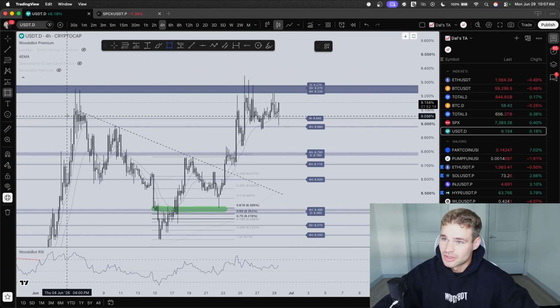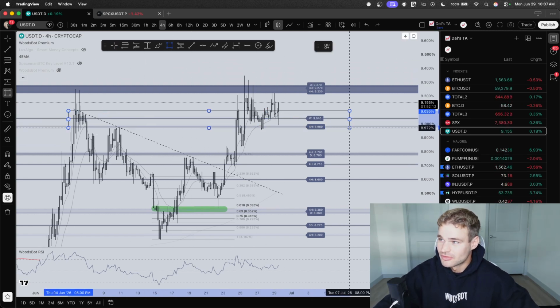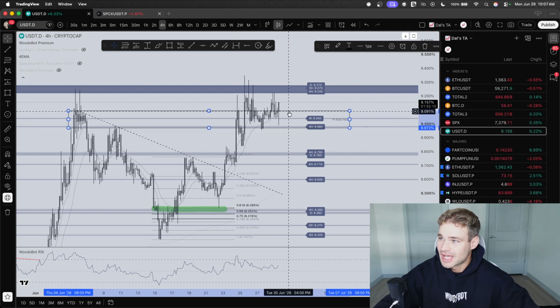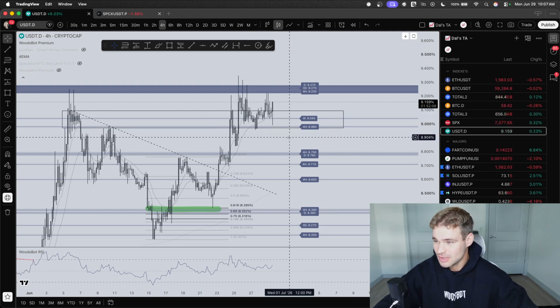This was previously resistance. Now we have flipped it and we are trading inside of it as support, which basically means that if USDT.D is bouncing, then the market is moving inverse of that. So if it's bouncing, Bitcoin and the entire alt market is going down.